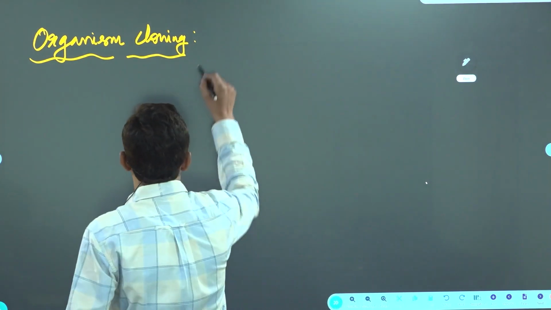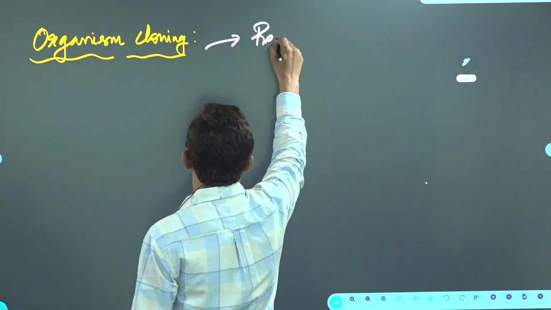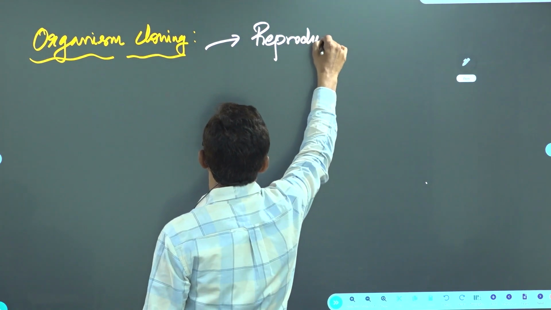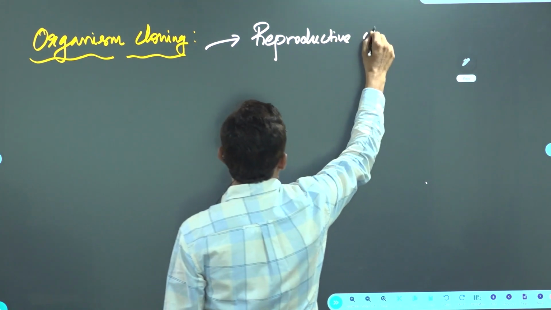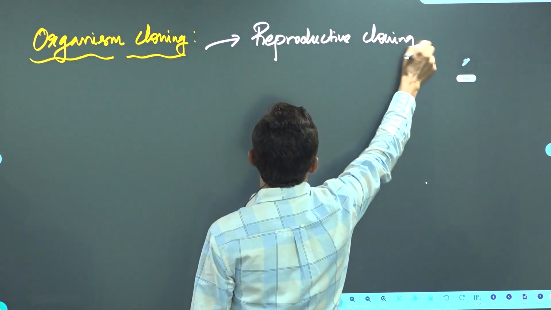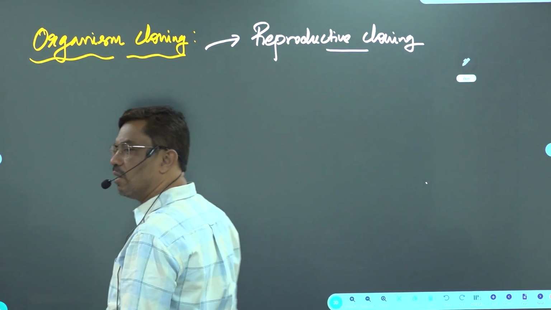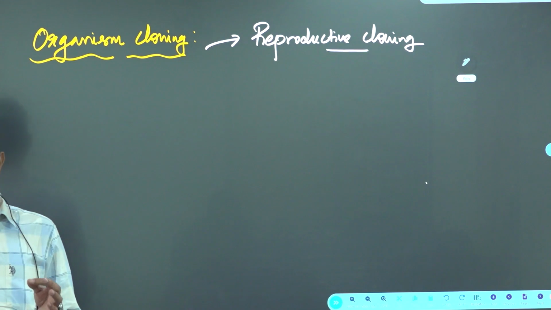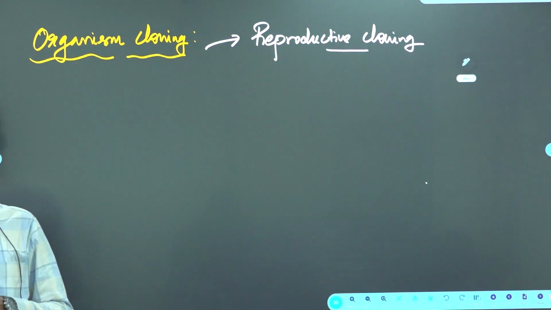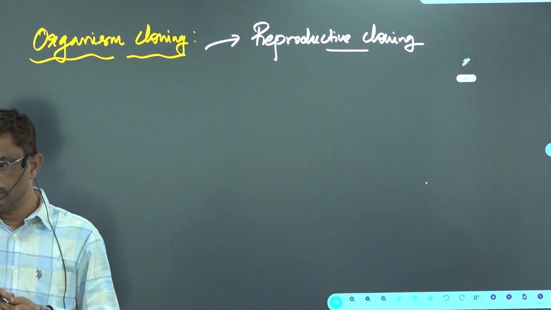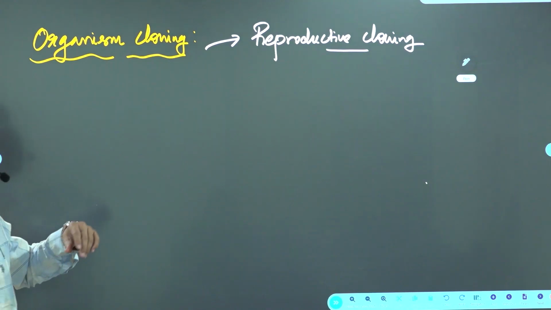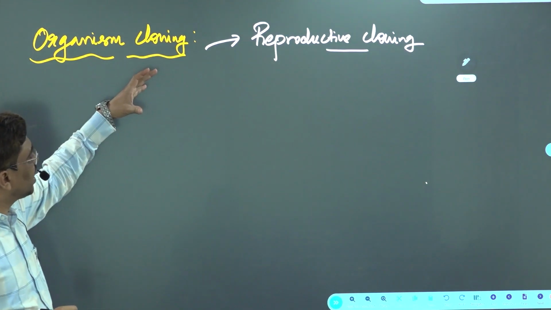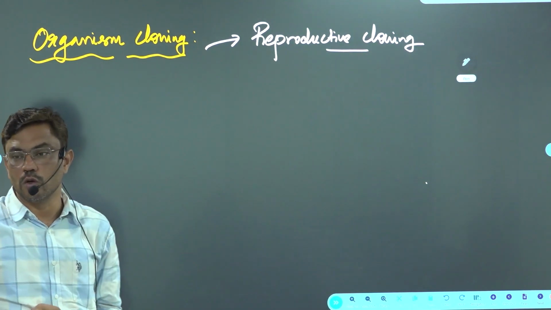So this organism cloning is an example of reproductive cloning. The formation of one or more individuals which are genetically identical, which can be produced from a single parent. And here this organism cloning is an example of reproductive cloning.